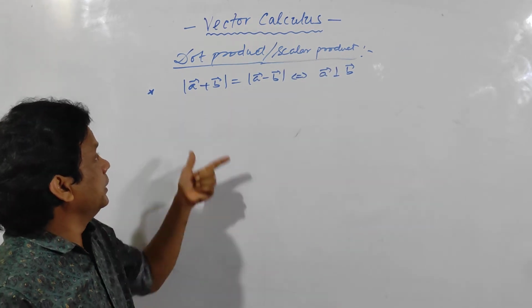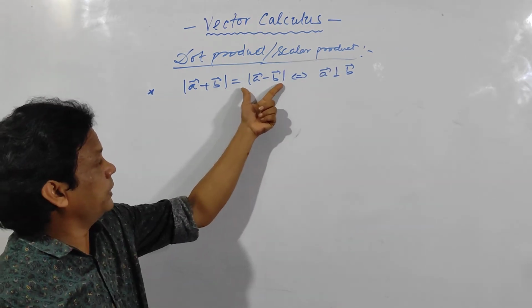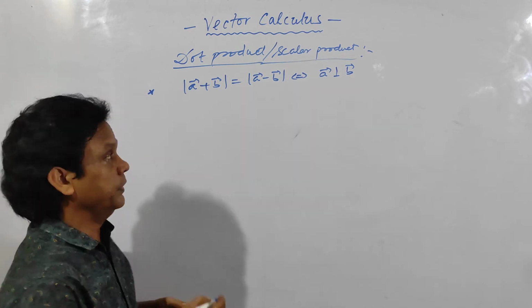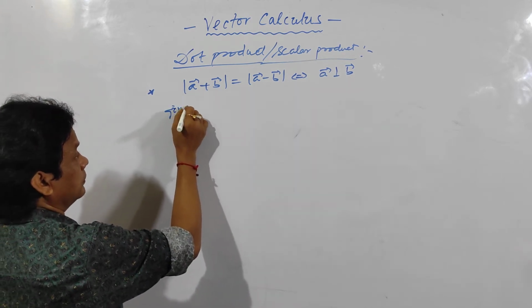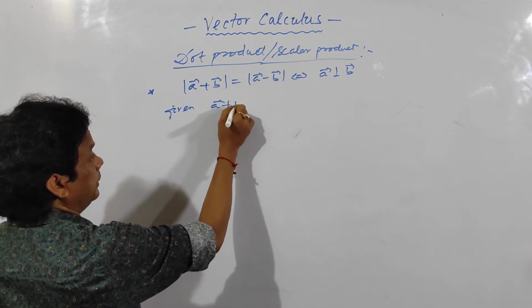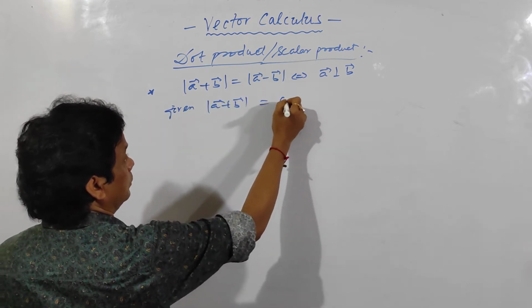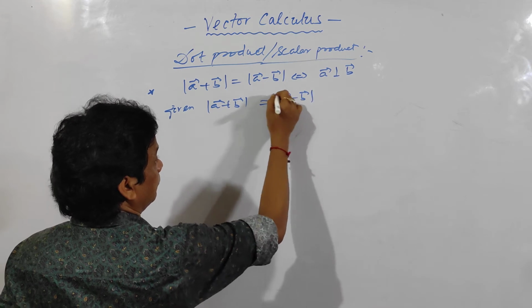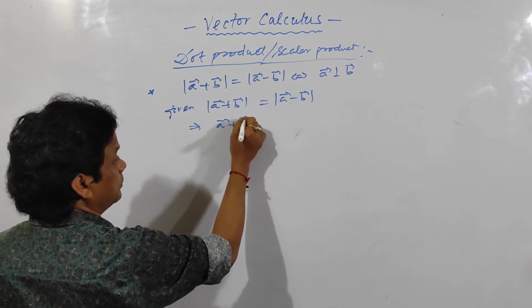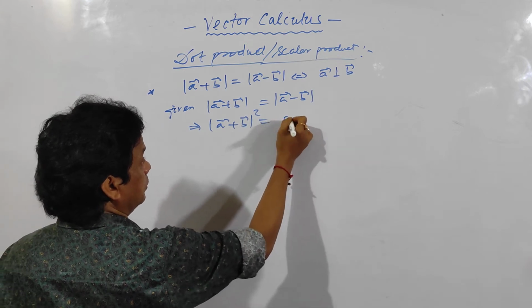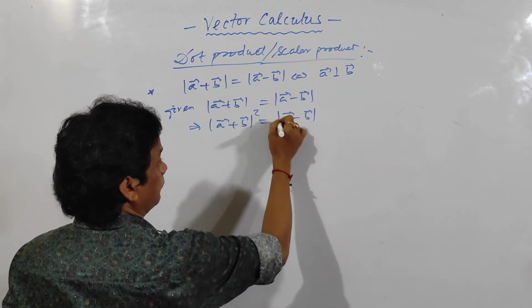See this property: if |A + B| equals |A − B|, then vector A is perpendicular to vector B. See here, given |A + B| is equal to |A − B|. Simply square both the sides: |A + B|² is equal to |A − B|².